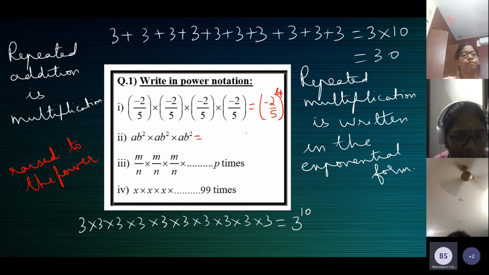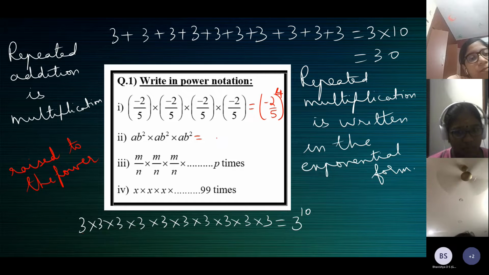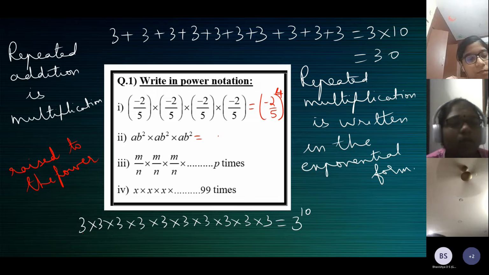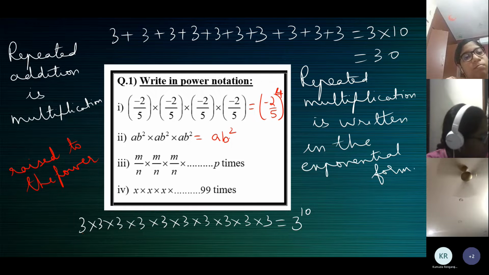Ma'am, a by b raised to the power 2, whole power 3. How do you read that? A by B, the whole square, whole power 3.